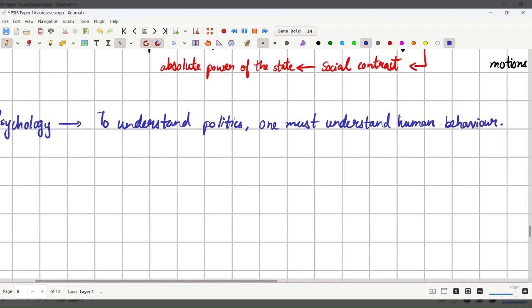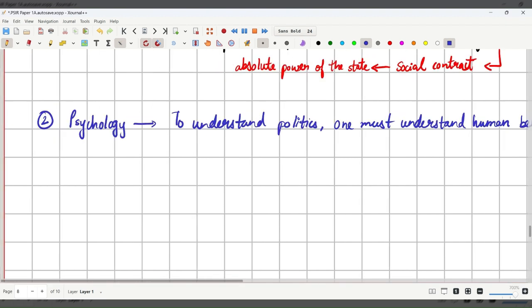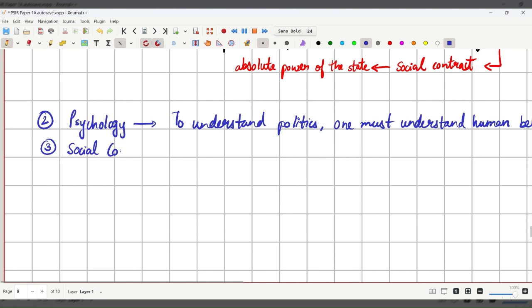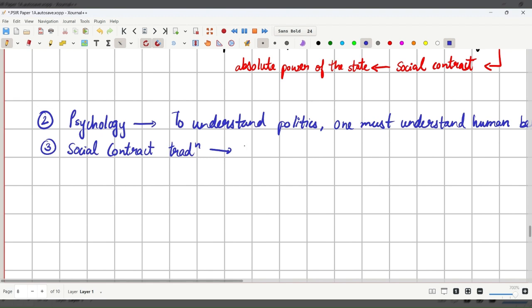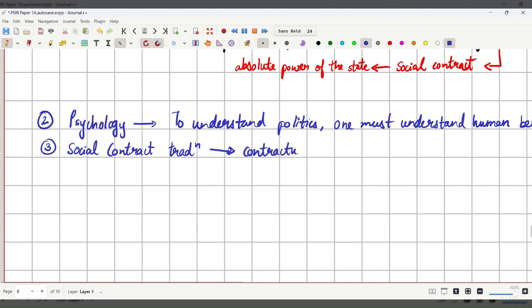Then he is also of the social contract tradition, which means the contractual origin of the state.